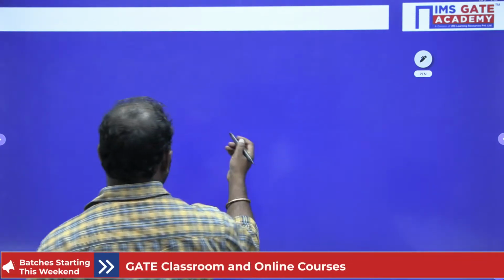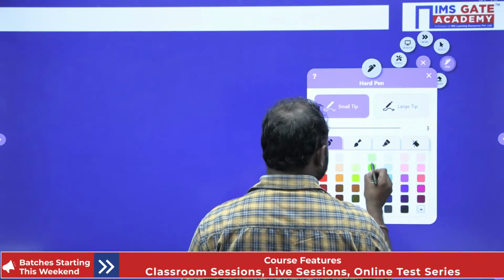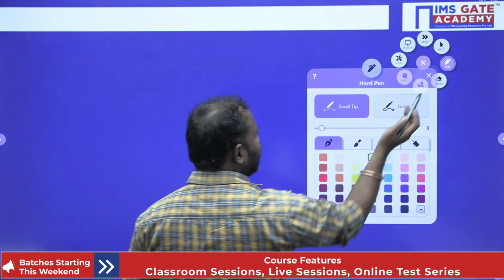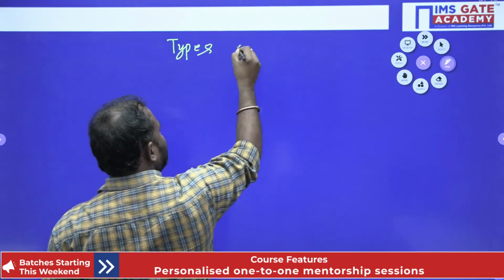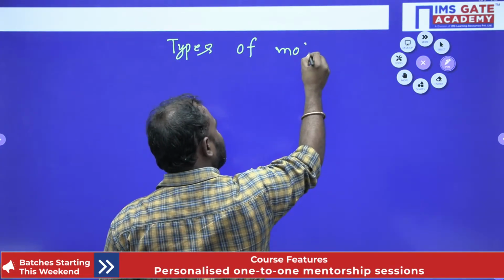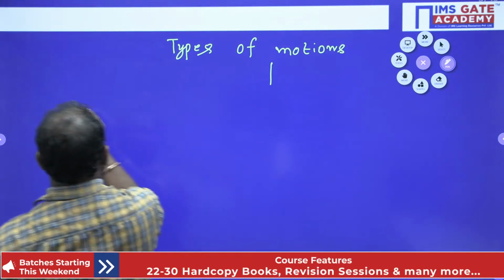How many types of motion do we have when the body is in motion? As we already discussed in the first class, I will just summarize the types of motion.